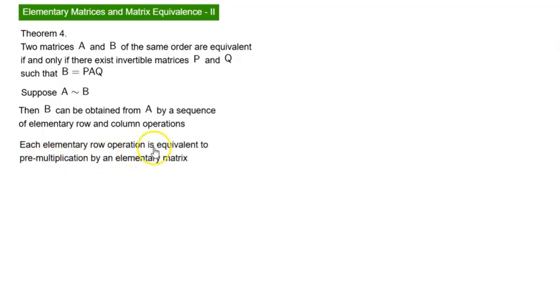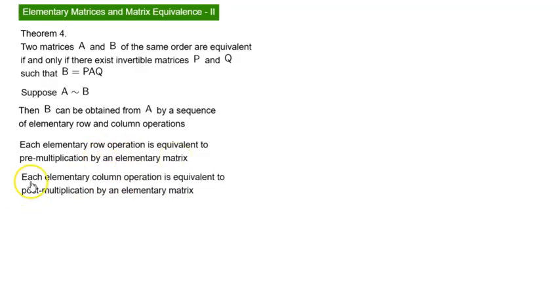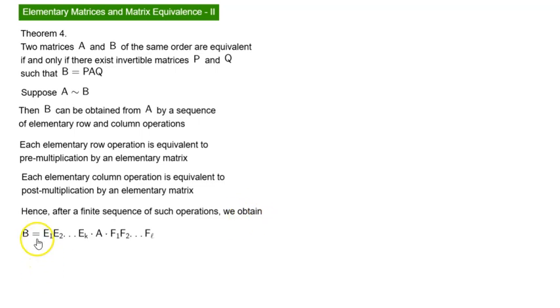Each elementary row operation is equivalent to pre-multiplication by an elementary matrix. This we have seen in the previous session. Each elementary column operation is equivalent to post-multiplication by an elementary matrix. Hence, after a finite sequence of such operations, we obtain B is equal to the sequence of elementary row operations times A times a sequence of elementary column operations.